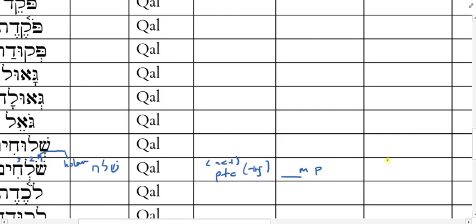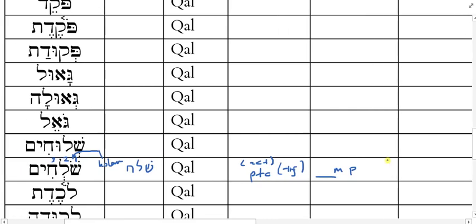And the answer is, what? No. What happens to -im when it becomes construct? What ending does it become? It becomes -ei. So it's not -ei, so this is the absolute. So I think I'm going to have to put no here, right? It's not in the construct state. It's in the absolute state.